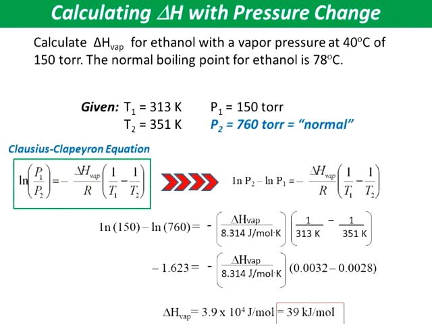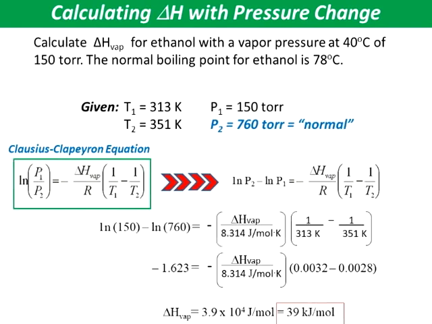We set up the equation, we put in all the variables with delta H vaporization being the unknown. We then solve as many of the parentheses as we can. We simplify down, and we obtain 39 kilojoule per mole for delta H of vaporization.